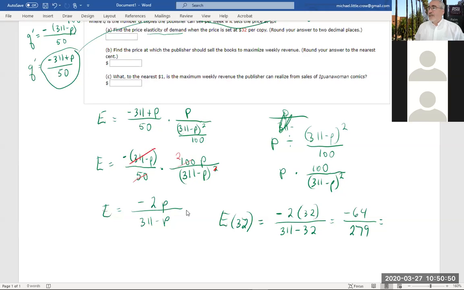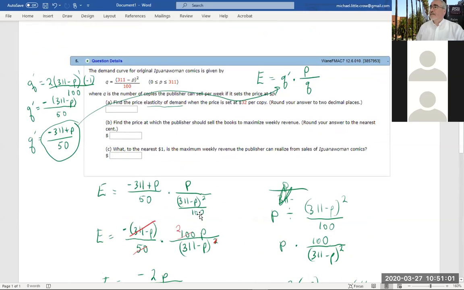So 64 divided by, wait a minute, I did it again. This is negative p, because remember, demand always reduces. And the way I saw that is we ended up with a negative answer.